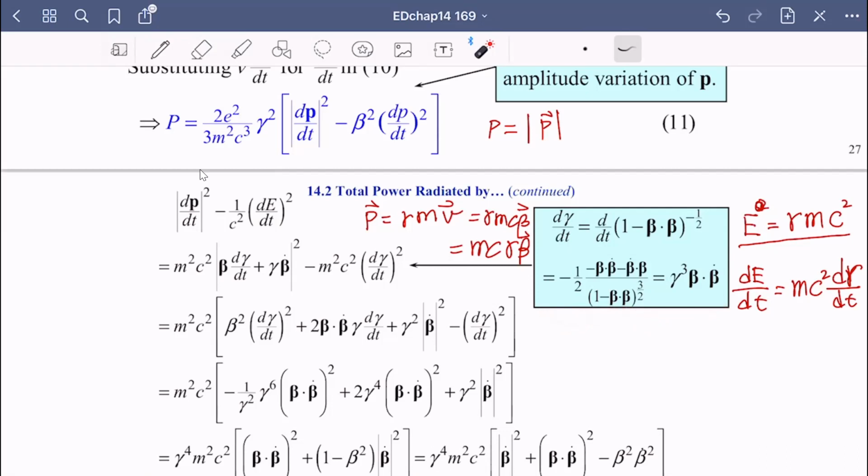Okay, so substitute everything to here. M squared c squared beta squared the gamma dt squared. And here 2 beta dot gamma, and this one, okay, no problem. And what else? And this term here, and the last one is the gamma dt squared, and this one can be replaced with this one, gamma cubed beta dot.